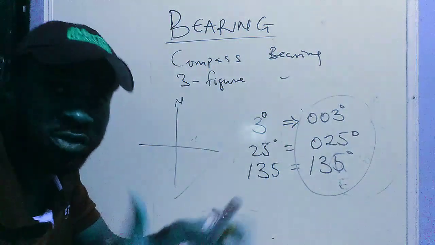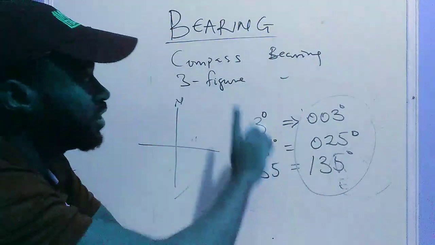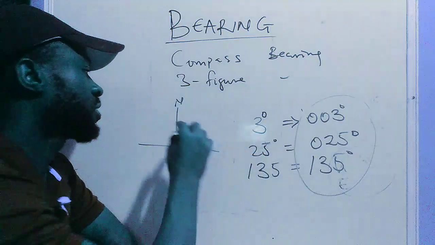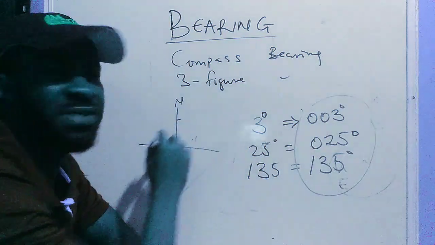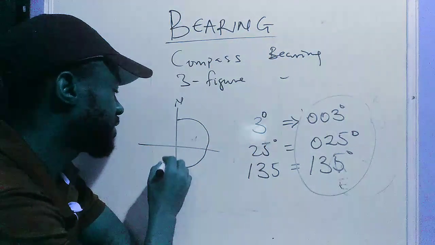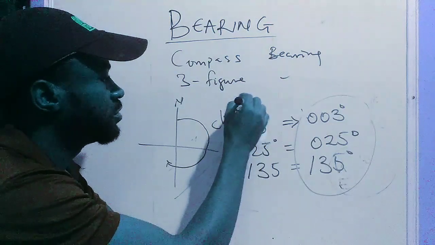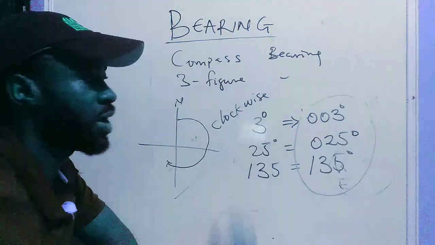Remember I said that both bearings make use of the cardinal points, but for the three-figure bearing, you start from the north. That is already the starting point, and it moves in a clockwise direction. So the movement for a three-digit bearing is clockwise.